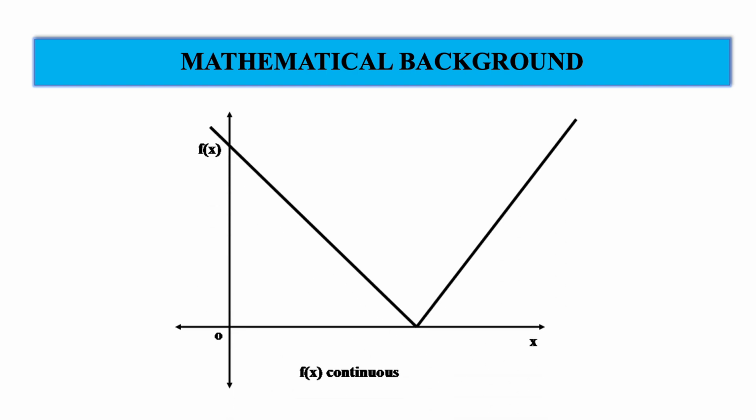Now here is an example of a continuous function. You will see that given any epsilon greater than 0, there exists some delta greater than 0, such that if you take any 2 points x and x bar in the domain, then the distance between them being at most delta implies that the distance between function values will be at most epsilon.